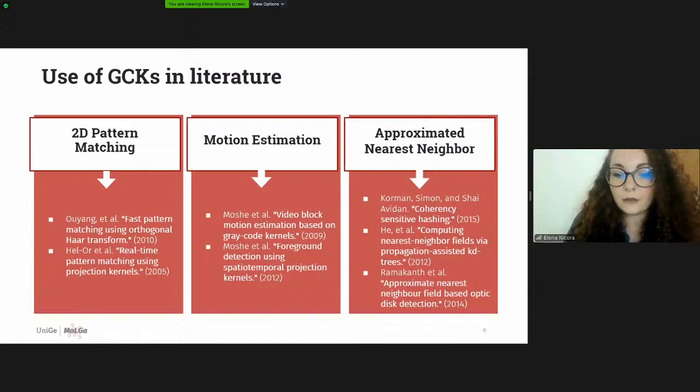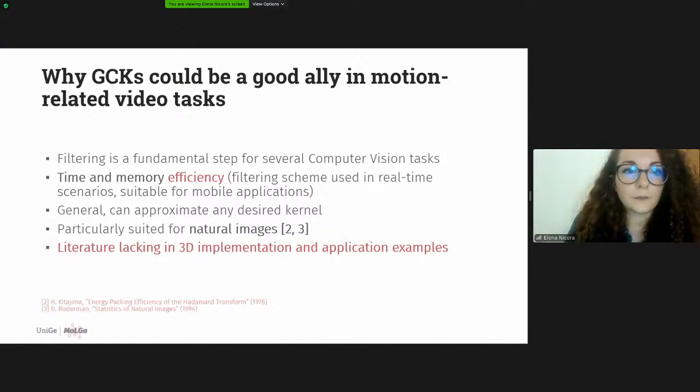So all these works in literature are quite exclusively focusing on 2D data. While we are interested, of course, in video, so in motion information. But why could Gray Code Kernels be considered a good ally in motion-related video tasks?